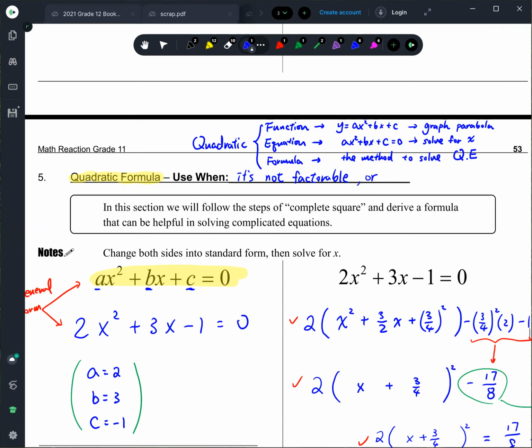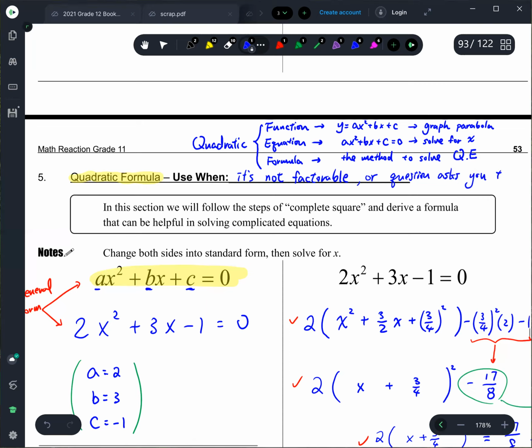So when it's not factorable, or when the question asks you to use this method. Otherwise, if they say please use complete the square and you use the formula, even though the answer is right, I don't think your teacher will give you a mark. So make sure you copy this down.